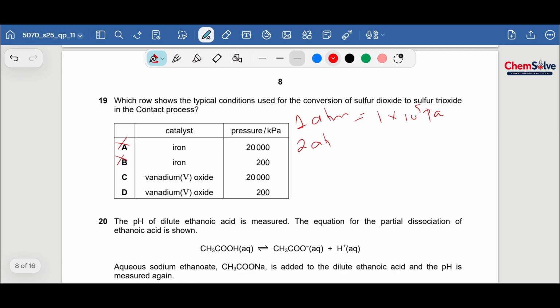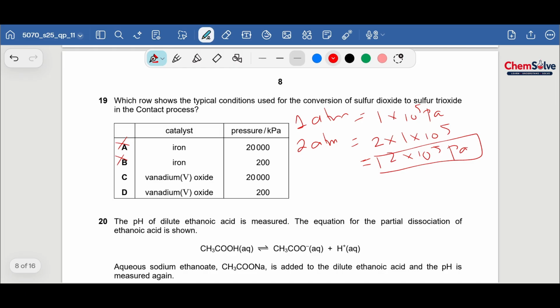So 2 atm will be 2 multiplied by 1 into 10 raised to power 5, meaning 2 into 10 raised to power 5 pascals.